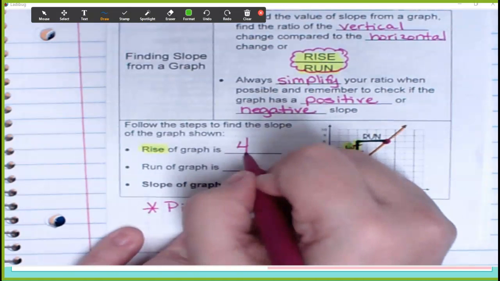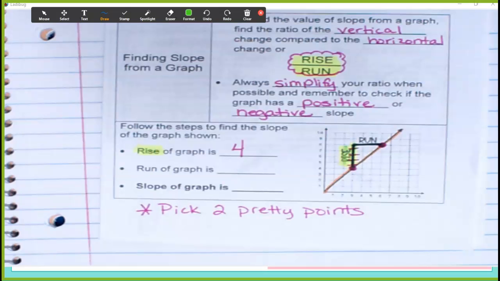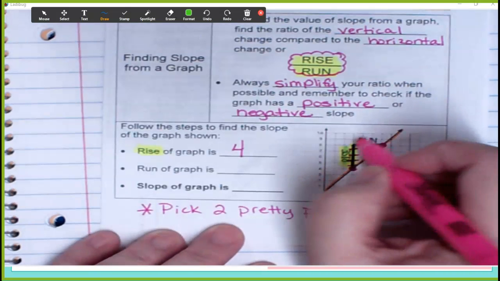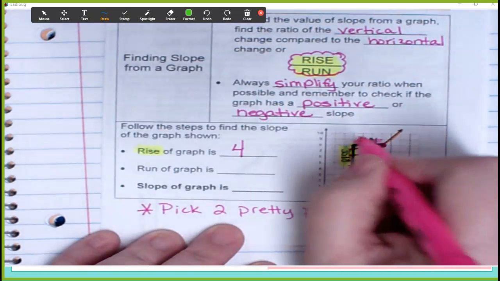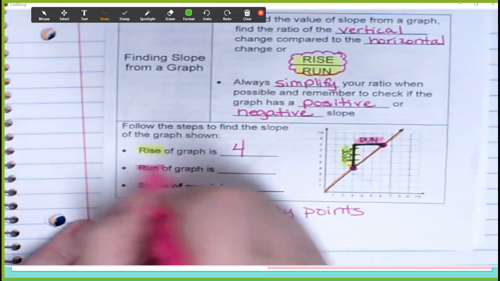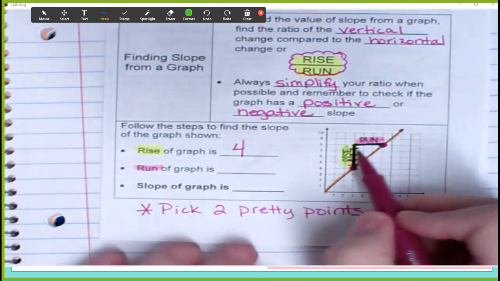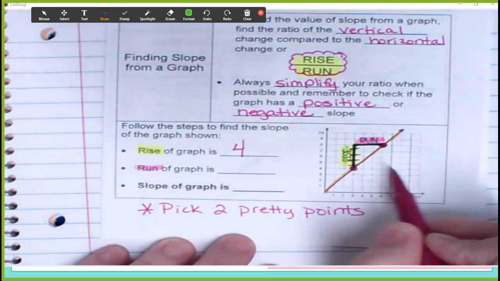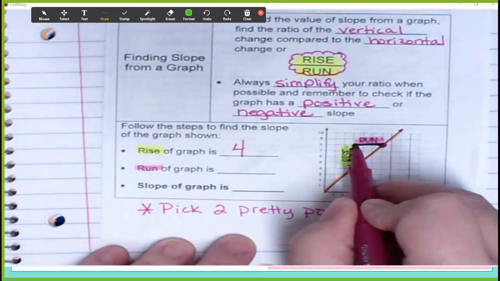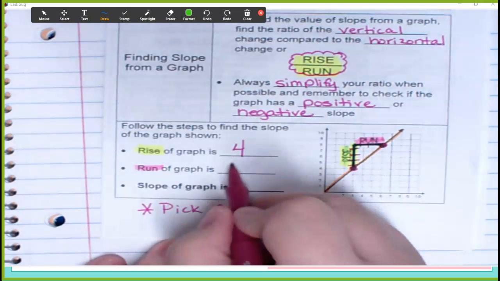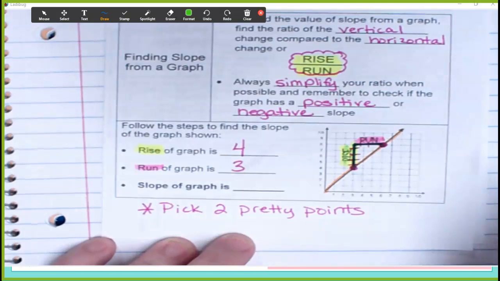So our rise of the graph was 4. Now run is going to be your horizontal distance. How far did we have to run to get from this point to this point along the x-axis? 1, 2, 3.